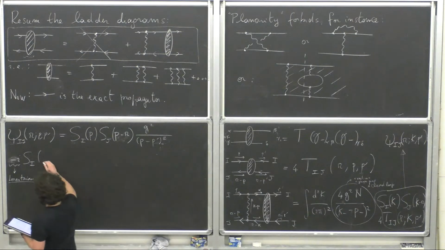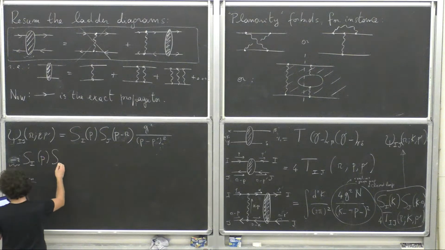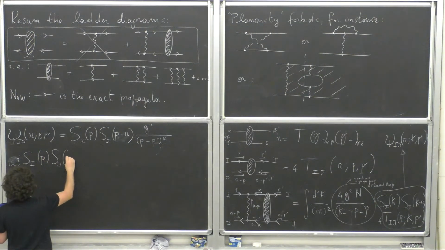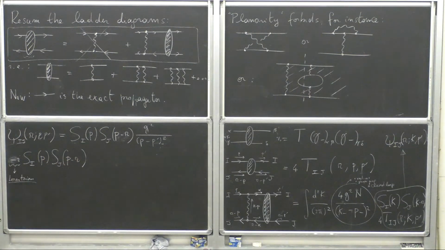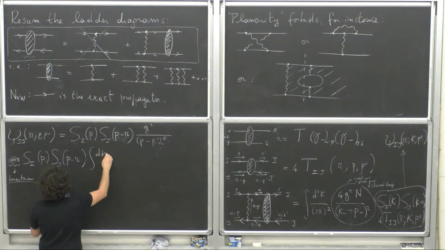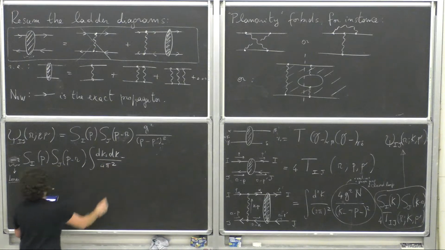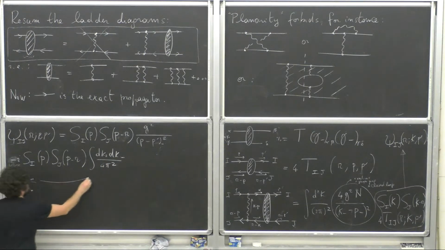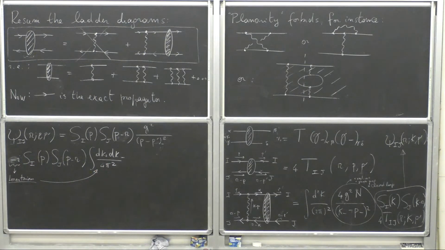And then I have an Si of p, Sj of p minus r, times what? The integral in dk plus dk minus over 4 pi squared. This is the Lorentzian measure, right? We split k plus and k minus.